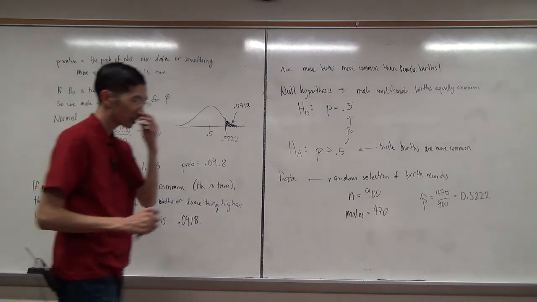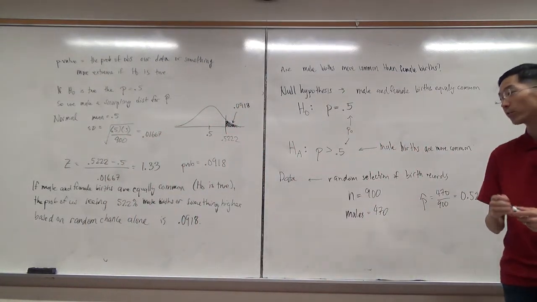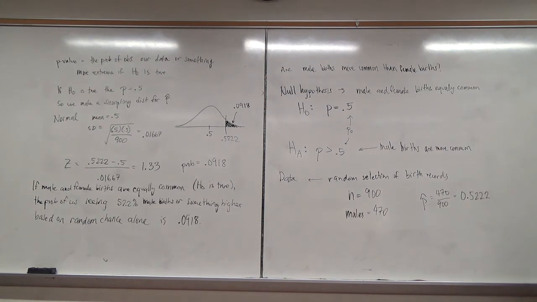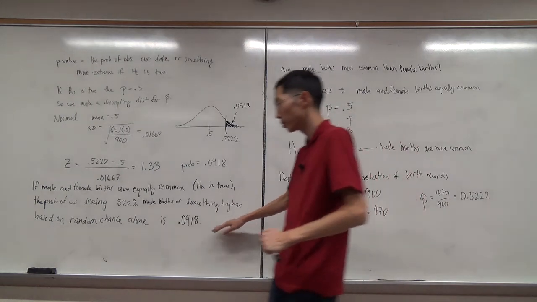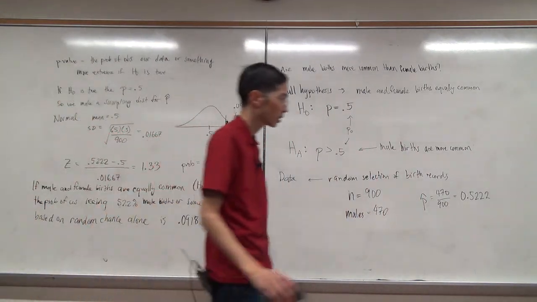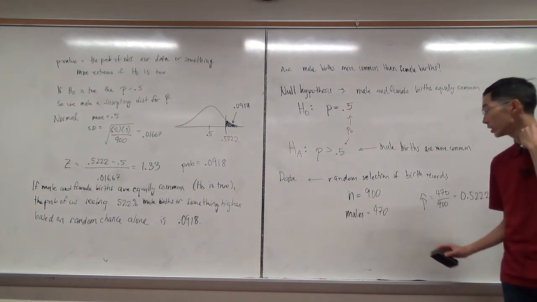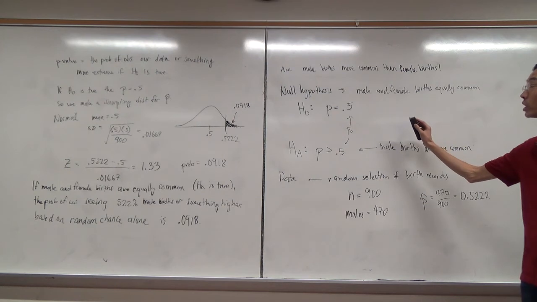My rule of thumb that I've given you right now is that if that probability is over 5%, then we're not ready to disregard the possibility that it happened by random chance, okay? We can't ignore that there's about a 9% chance of us observing a sample like this, or something bigger, even when the null hypothesis is true.